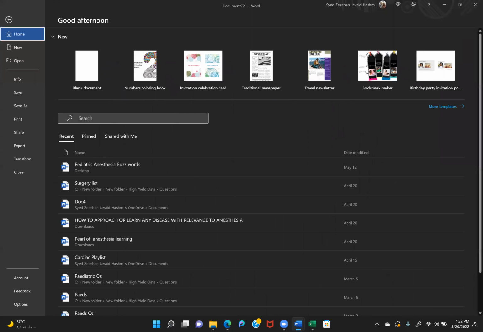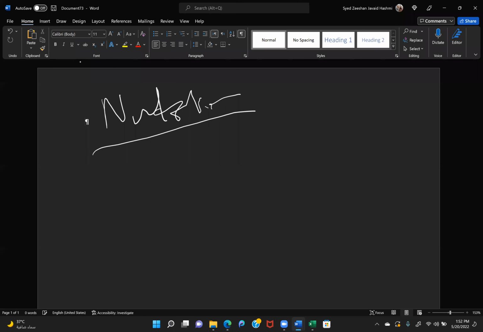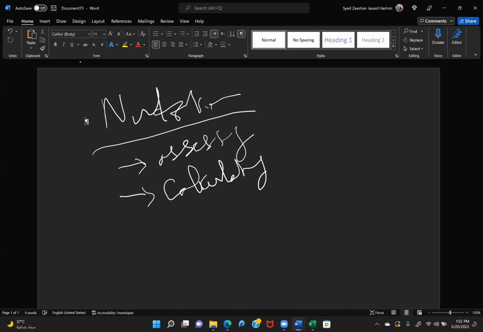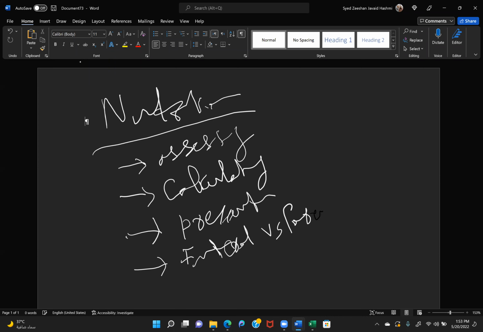And similarly, in intake, the baseline will be nutrition. So you will be looking at the nutritional requirement. First of all, you will be assessing the nutritional status. Then you will be calculating the calorie requirement. Then you will be thinking of any precautions needed, and then deciding enteral versus parenteral.